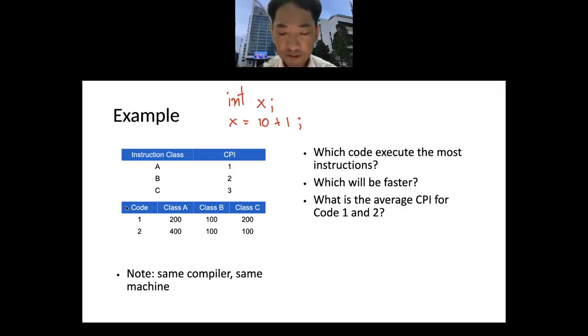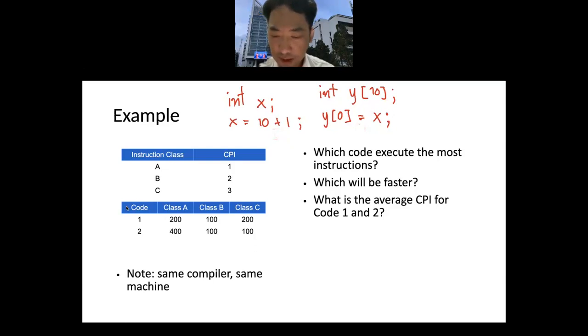But if I have an instruction like an integer array y, let's say having 10 elements, and if I calculate something and put it into y0, let's say I put x into y0, this kind of instruction is a bit different from the previous kind of instruction.